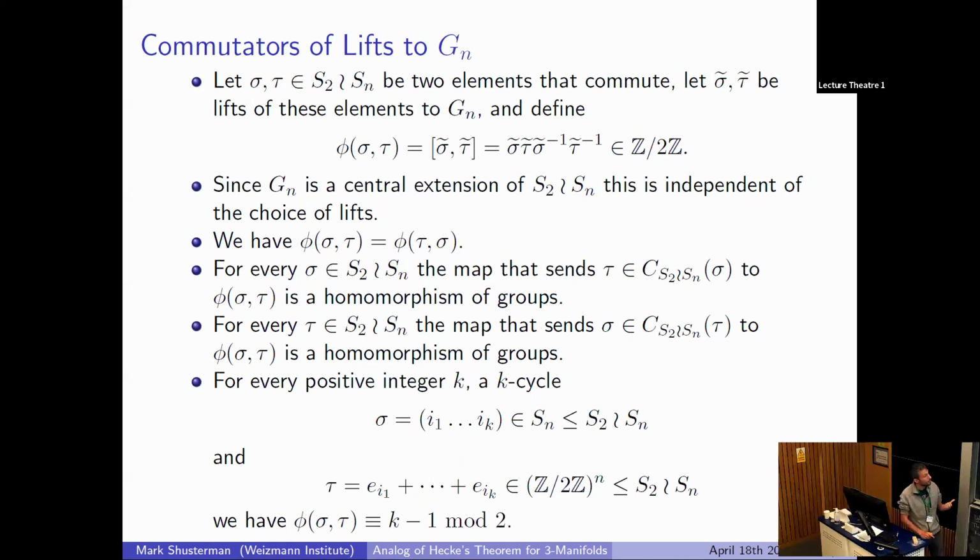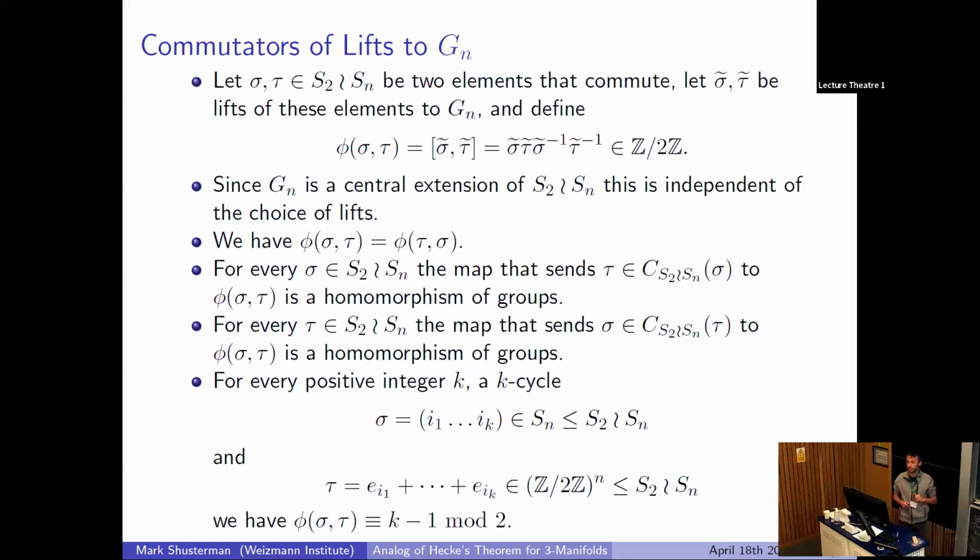And then another simple computation you need to do to get the complete answer, maybe the simplest computation, is to take sigma to be a cycle and to take tau to be a certain vector which is supported on precisely the same indices that appear in the cycle sigma. And then you just compute it, and you get that it's just the parity of k minus 1.